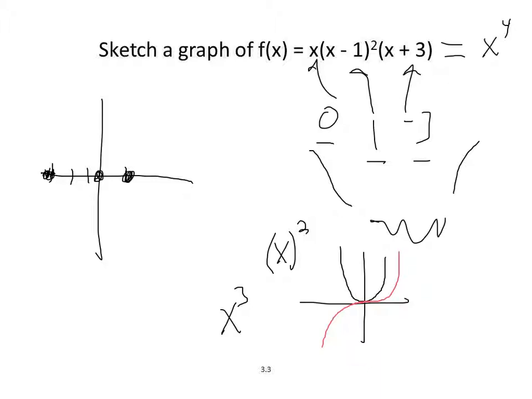It flattens out and then heads back up in the same way. So whenever you see a factor to the second power, that's going to behave just like the x squared graph. Mr. Bruckner calls this the graph coming down and bouncing off the x-axis. So anytime it's to a 2nd or 4th power, it bounces. If it's just to the 1st power, then it just passes through.